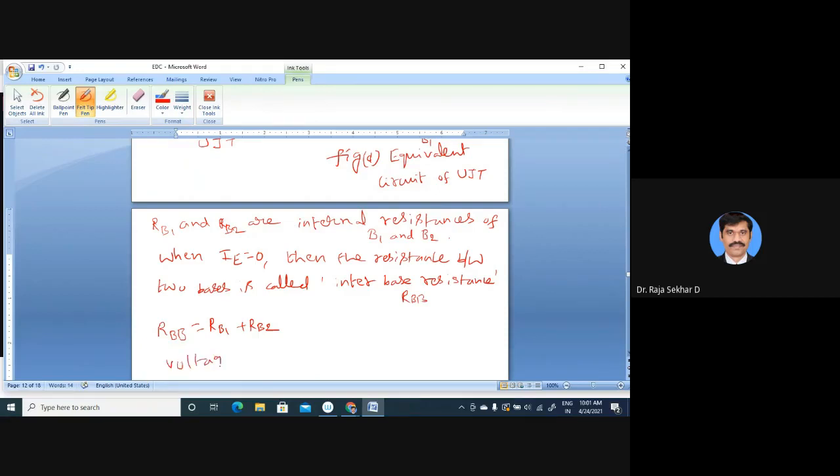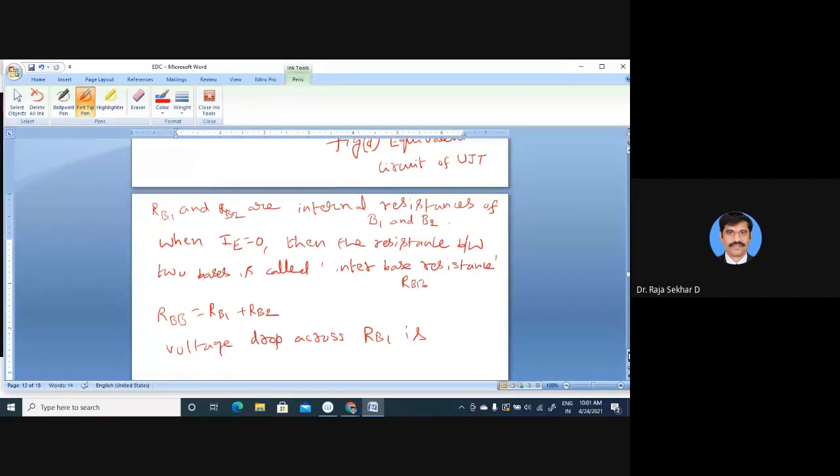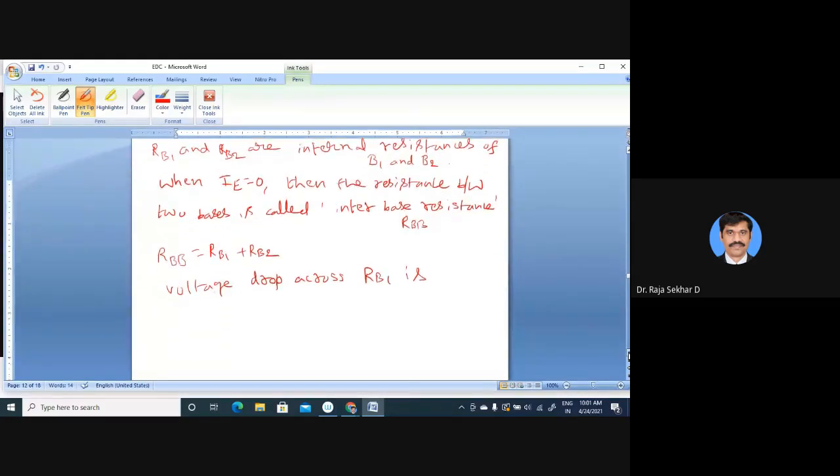Now the voltage drop across RB1 is VRB1. By using the voltage divider rule, VRB1 is equal to VBB into RB1 by RB1 plus RB2.